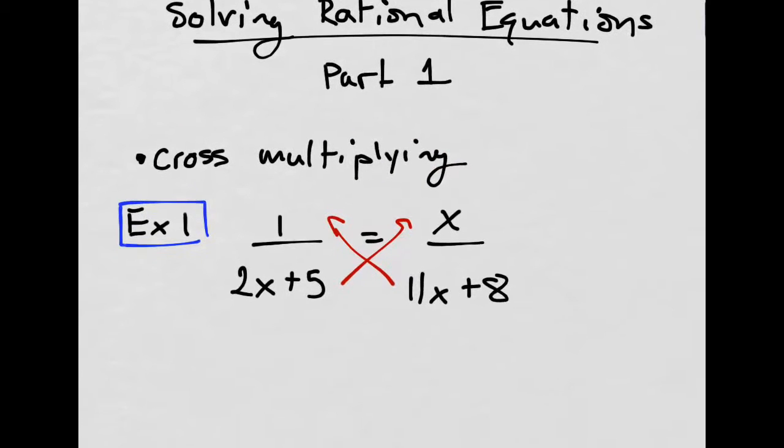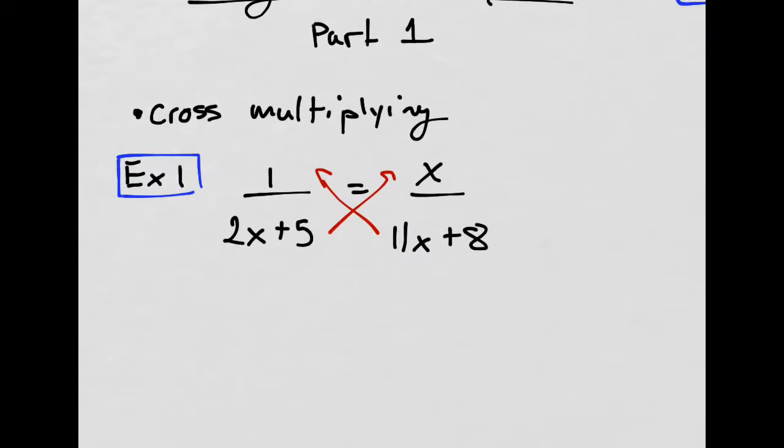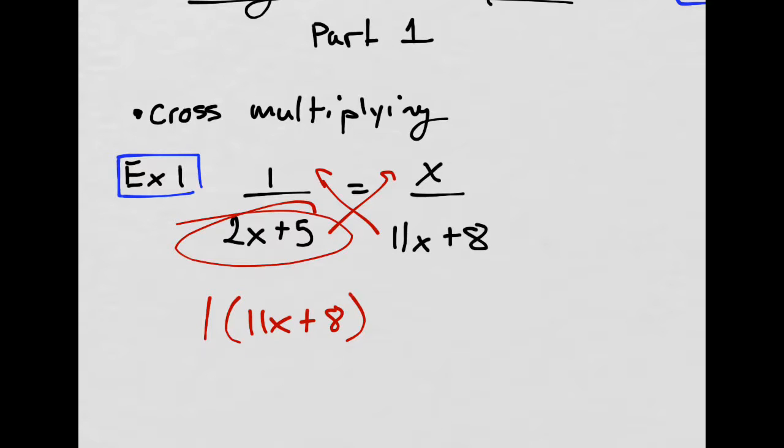So this is what I'm going to do. I'll take 11x plus 8 and multiply it by 1. Normally I wouldn't write this out, but I'm going to do it now just so you can see what's going on. 11x plus 8. And then I take 2x plus 5 and multiply it by x.